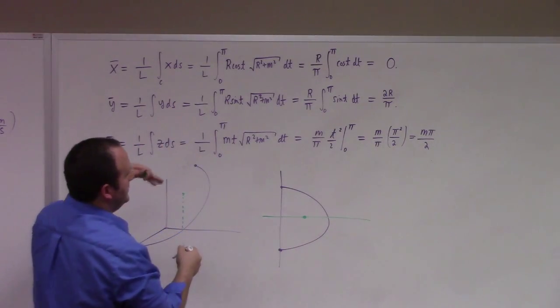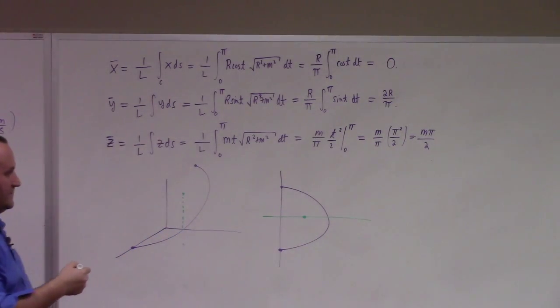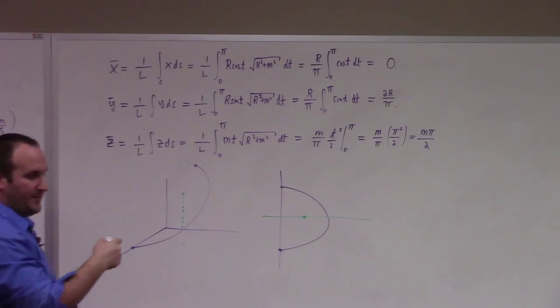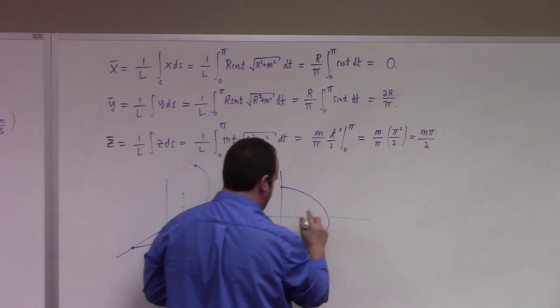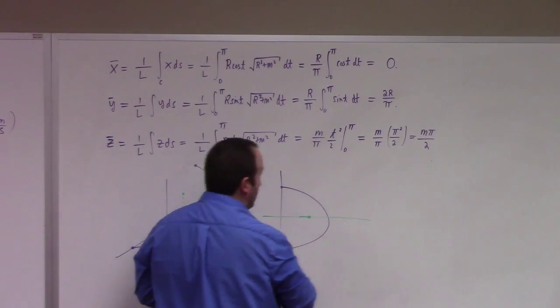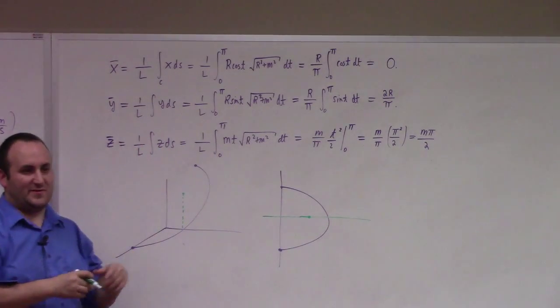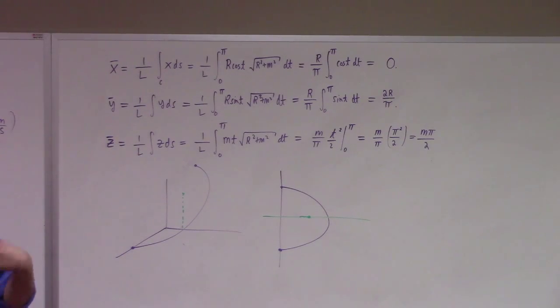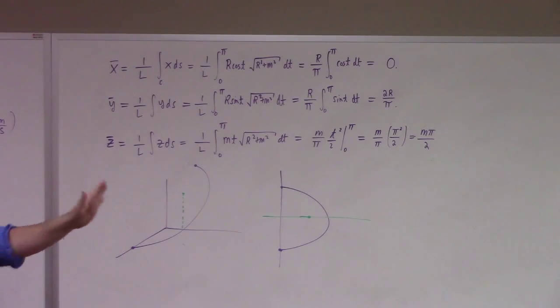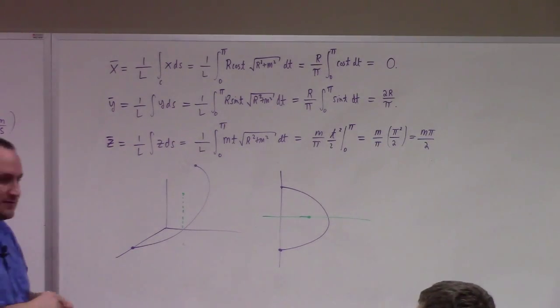Whatever 2 over pi is, it's a little bit further out, I'm not sure, somewhere in here. 2 over pi times 100% of r, that far out along the y-axis is where the centroid is, above the y-axis in the zx plane, yeah.